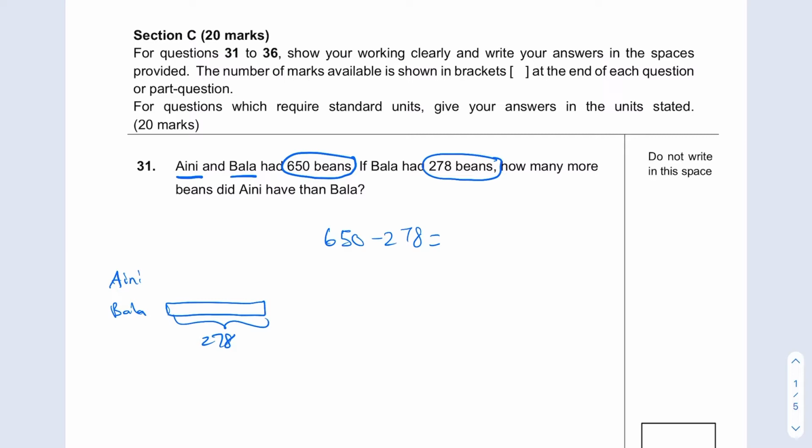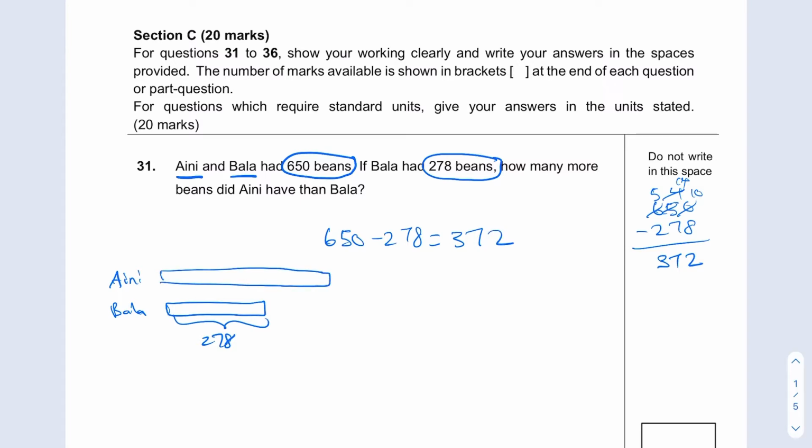650 minus 278 will give 372 beans, okay, which is more than what Bala has. And so the question is asking, how many more beans? More.